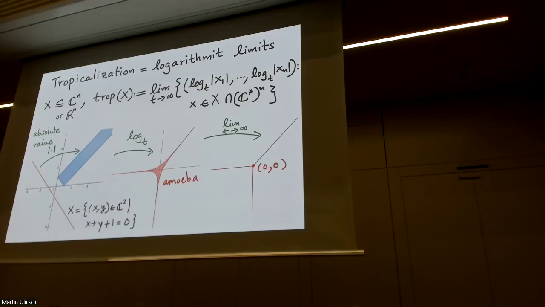And then let's take log base t, because this object is called an amoeba. Let's see how to understand this one. The points that are important are the points around this point right here. This is when x gets really close to 0, which means its logarithm goes to minus infinity.